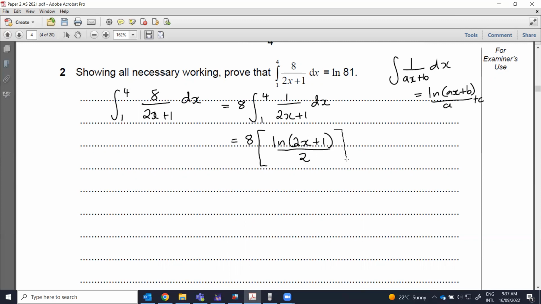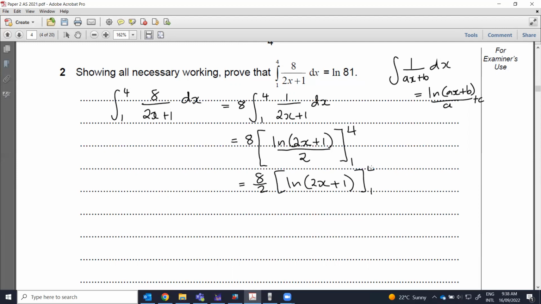And then you don't need to add the constant of integration because this is a definite integral. So this is how you would write it. Then what you do now is you just substitute. And even before that, this 2 here can go outside. So you'll have 8 over 2, then ln of 2x plus 1.